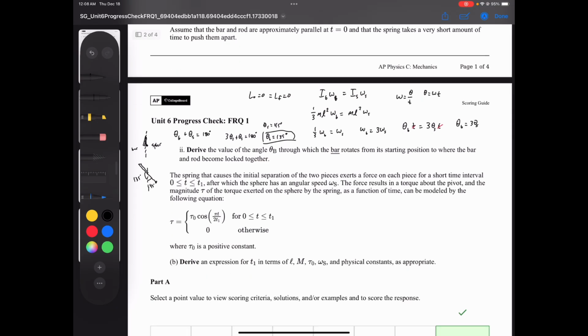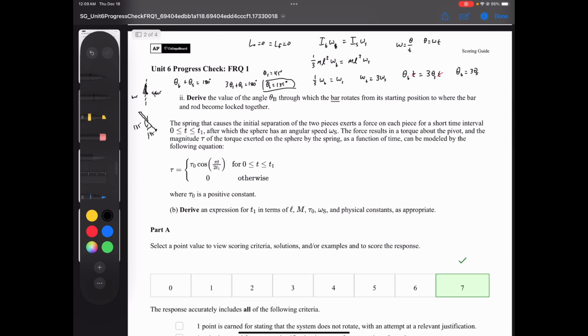All right, so now we have this equation here. It says that the spring causes initial separation, and after the fact, the sphere has an angular speed omega s, and the force results in a torque about the pivot of magnitude tau. The magnitude tau of the torque exerted on the sphere by the spring as a function of time can be modeled by the following equation.